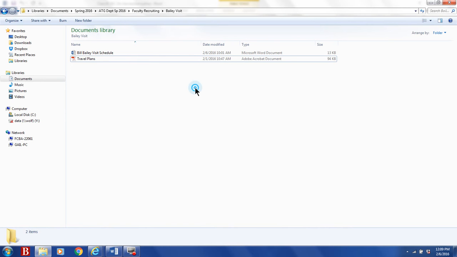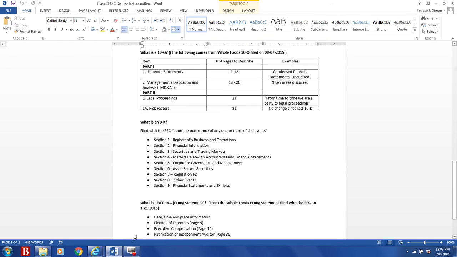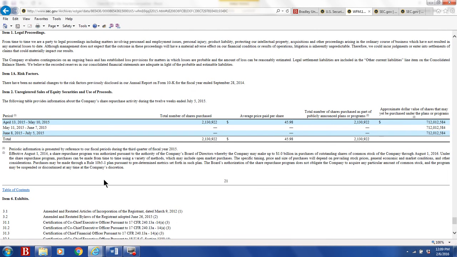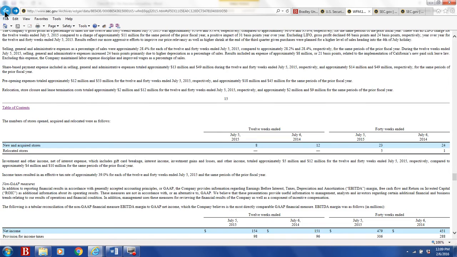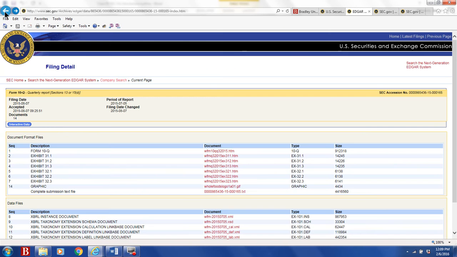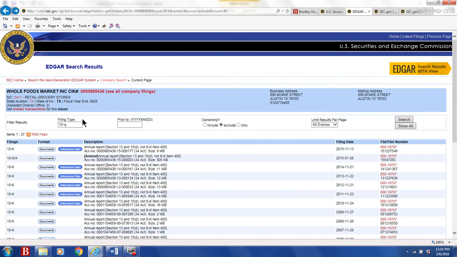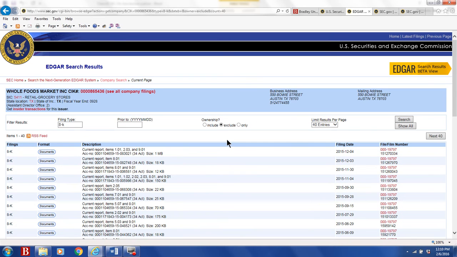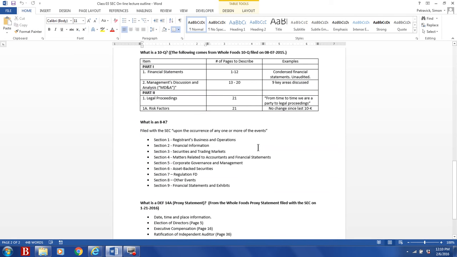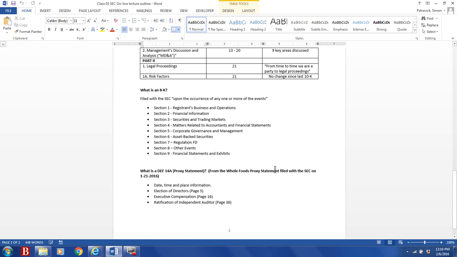Okay, I'm going to go back to the SEC's website. And I'm going to search for the 8K, and we're going to see a lot of those. In the outline, I mentioned that the 8K gets filed according to SEC requirements upon the occurrence of one or more events.